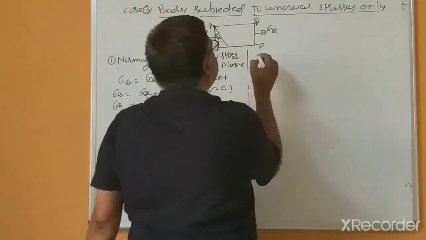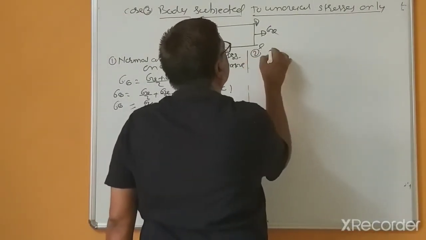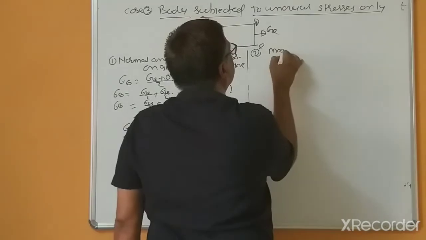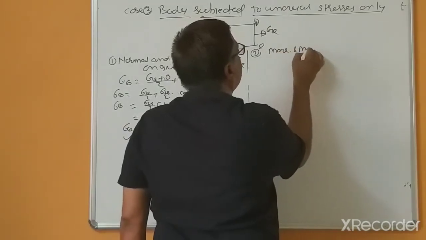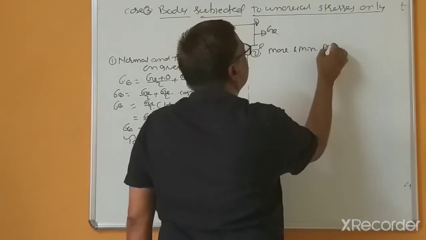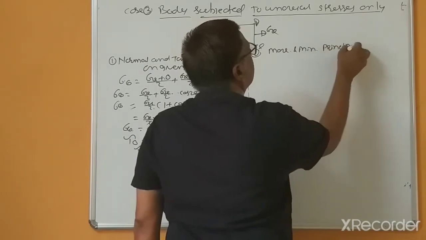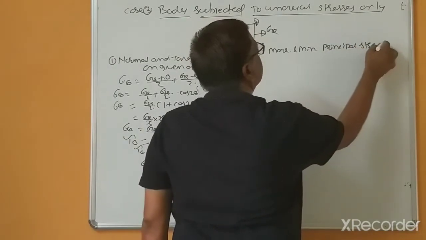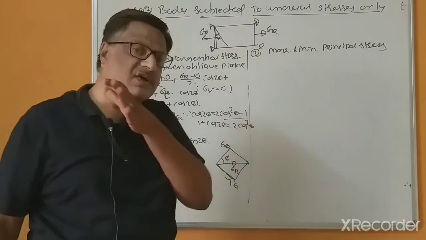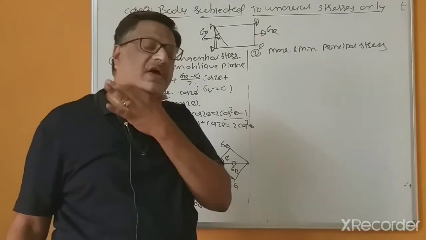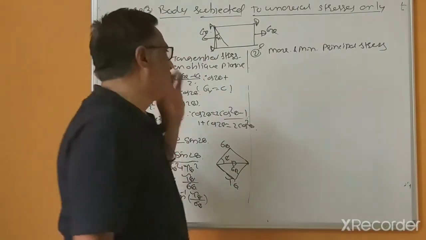Now second is the maximum and minimum principal stress. Major principal stress is called maximum principal stress and minor principal stress is called minimum principal stress.